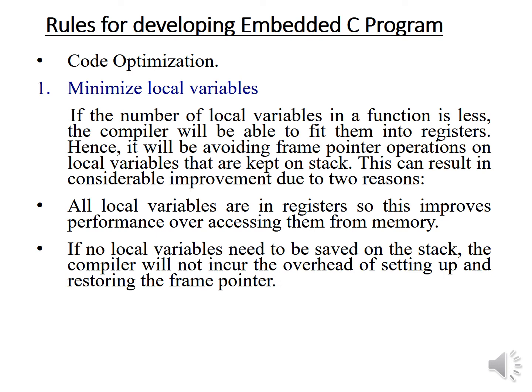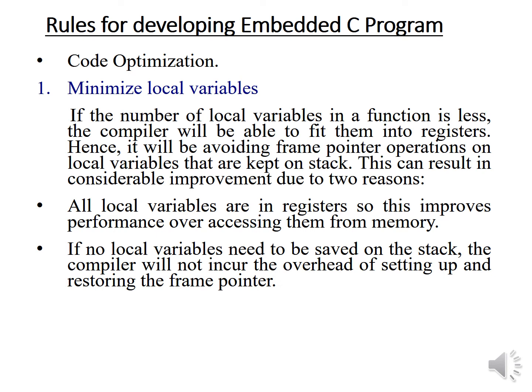So, rules for developing an embedded C program. First one is code optimization. In code optimization, minimize local variables. If the number of local variables in a function is small, the compiler will be able to fit them into registers. Hence, it will avoid frame pointer operations on local variables that are kept on the stack.